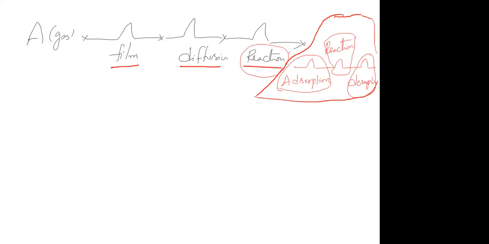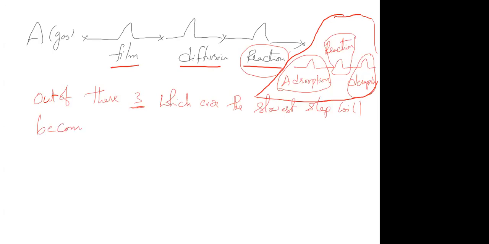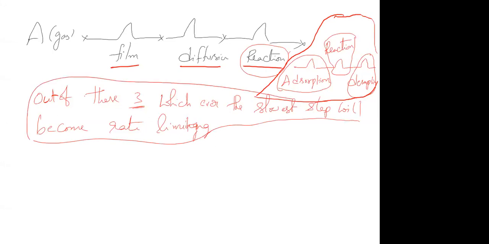Out of these three, whichever is the slowest step will become your rate limiting step. Clear? Out of these three, whichever is the slowest step will govern your reaction.